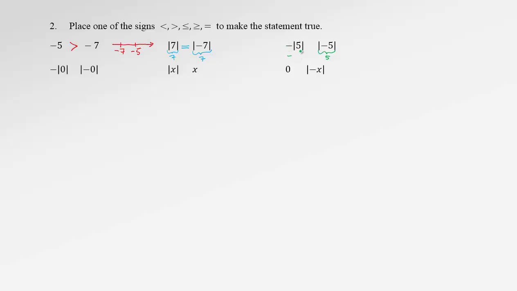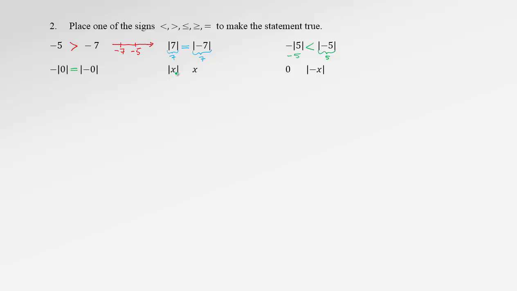And here we have a negative, and absolute value of 5 is 5. Okay, negative 5 is definitely smaller than 5, so we use this inequality. Over there, we have negative absolute value of 0, which essentially is 0, and absolute value of negative 0, which still is 0. So these two are equal.